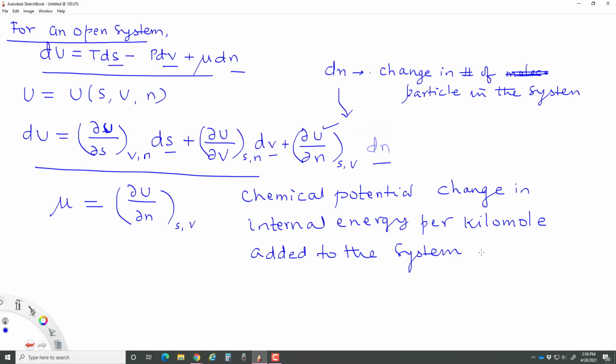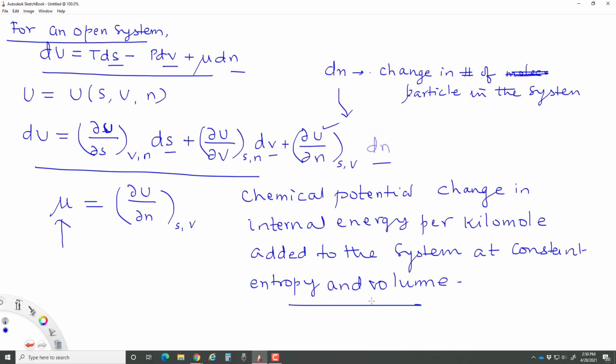And the condition here is at constant entropy and volume, or keeping the entropy and volume constant. So basically mu is the change in internal energy of the system when you add some particles in the system, keeping entropy and volume constant. Okay, so that gives us the definition of chemical potential.